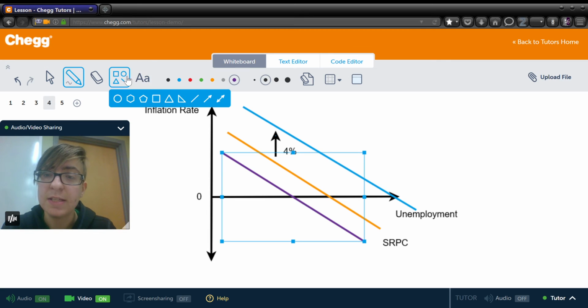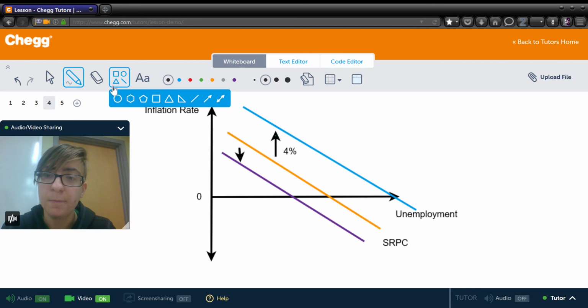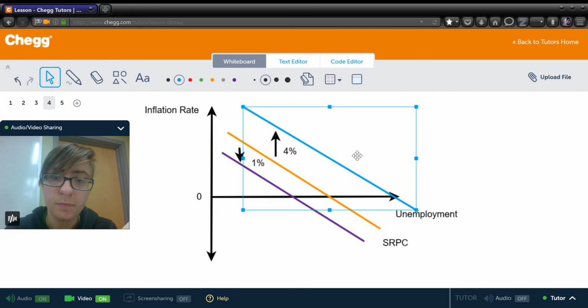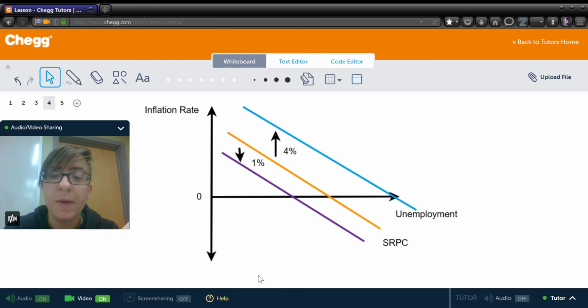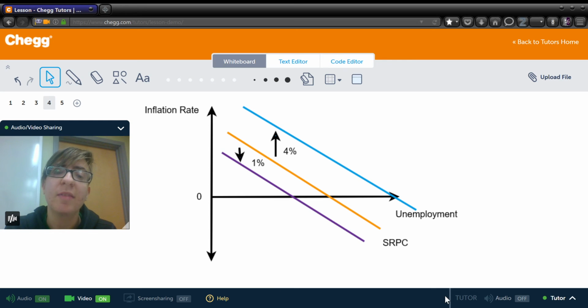But if we have an expected deflation of 1%, that is equal to the distance here. It could be 0.5%, 10%, any percent you can think of for a decrease or an increase. That is always how much the short run Phillips curve will change.